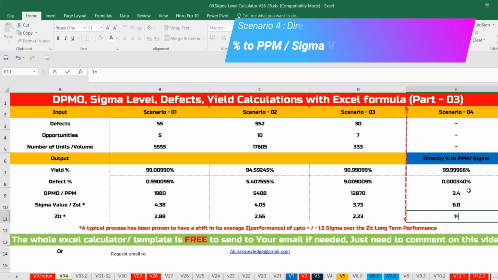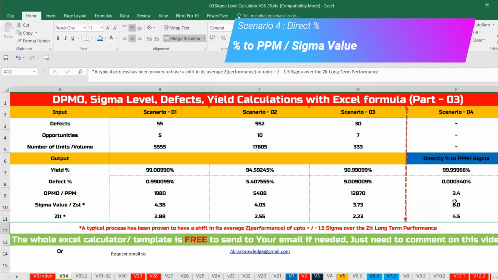And then we know that long term, this is enough. We know it's a Six Sigma. In case you wanted ZLT, long term performance, you can use this also, but it is not widely used. But just in case you wanted to use, you can use this as well.